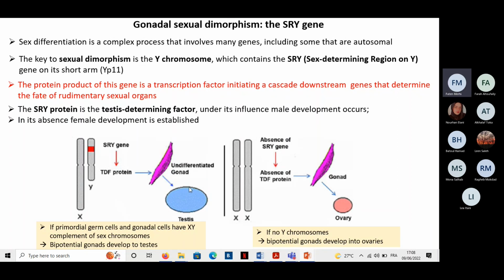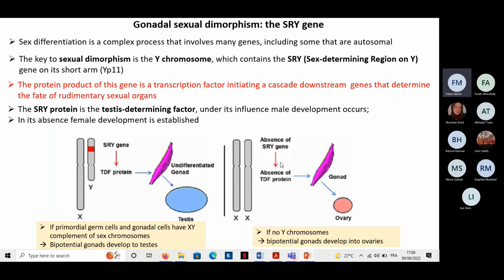If an embryo doesn't have a Y chromosome, so if it carries two X chromosomes, it will not have this SRY gene. Due to the absence of this SRY gene, we will not have development of the gonads into testis, and the gonads will develop into ovaries, okay?